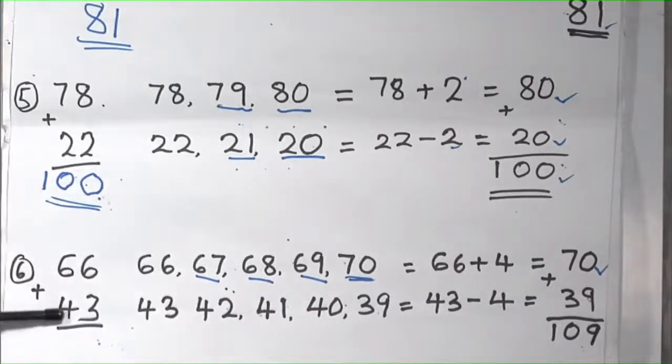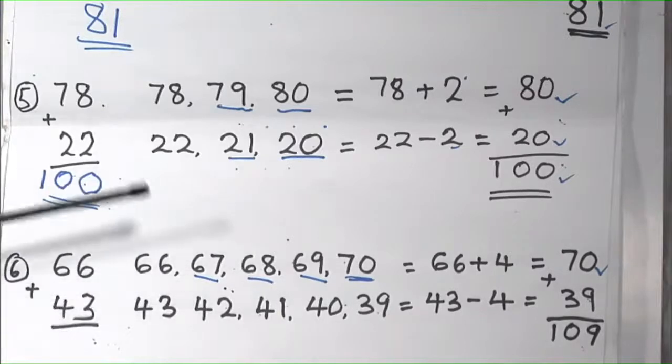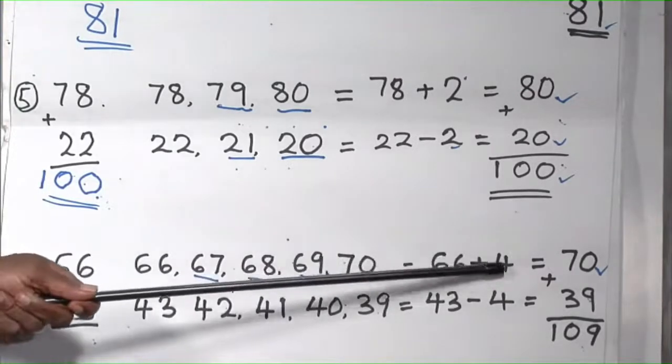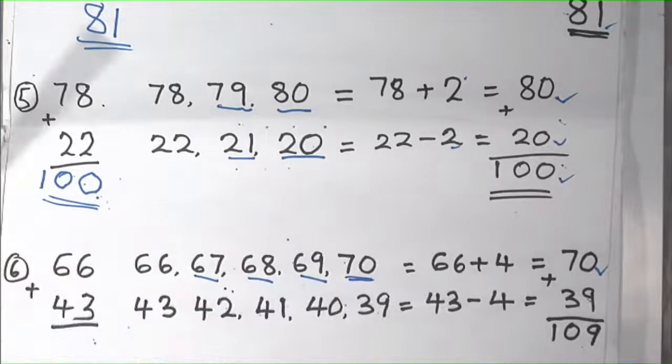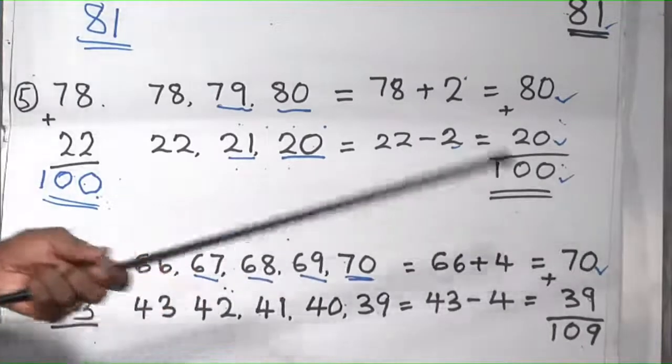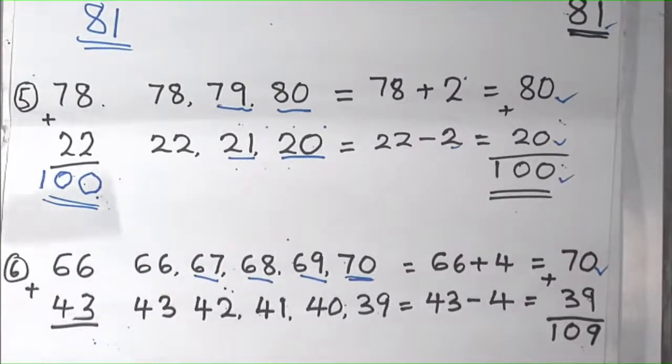Now, let's come to 43. We added 4 to 66 to get a number which will end in 0, which is 70. So we have to subtract 4 from 43.